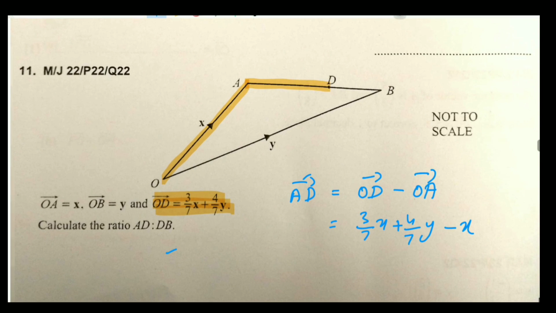Now 3 by 7x minus x will be solved: 3 minus 7 over 7, so minus 4 by 7x plus 4 by 7y.